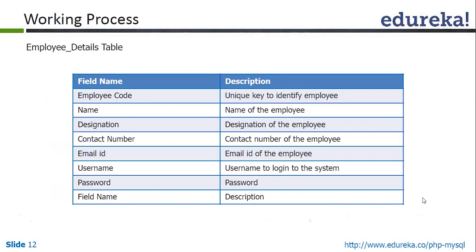This is the employee table we have designed for this example. Employee code, which is a unique key for the employee across the organization, name of the employee, designation, contact number, email ID, username and password. These are the login credentials we'll be using.